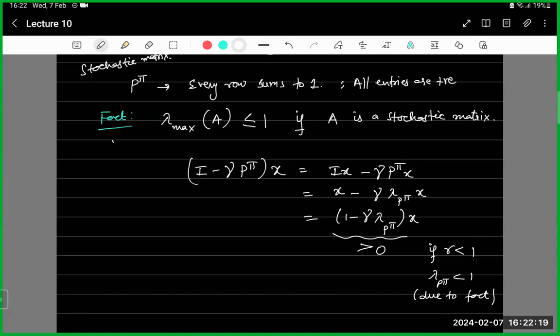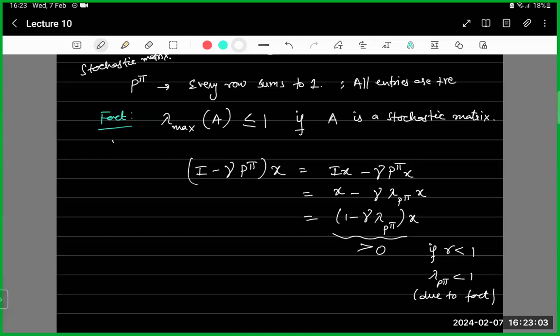Is it still confusing? If X has to be an eigenvector of this matrix, it has to be an eigenvector of the other matrix, otherwise it won't be an eigenvector for this. Maybe you have to argue that a little more carefully, but all I'm saying is this is equal to lambda X. For X to be an eigenvector of the first matrix, the other looks like a necessary condition.